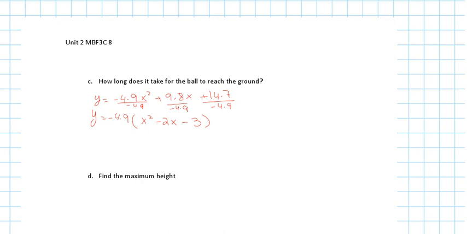Now, what would be your next step after the GCF? You're looking for two numbers that multiply to negative 3 and add to negative 2. What multiplies to negative 3?